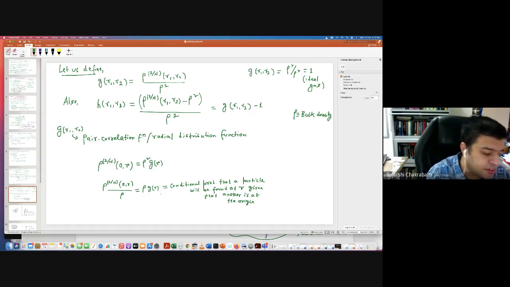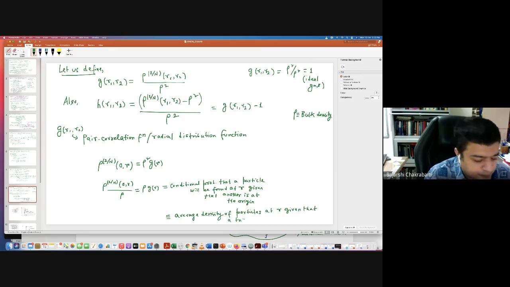So you can also interpret this in some other way. You can also say this is nothing but your average density of particles at R, given that a tagged particle is at the origin.